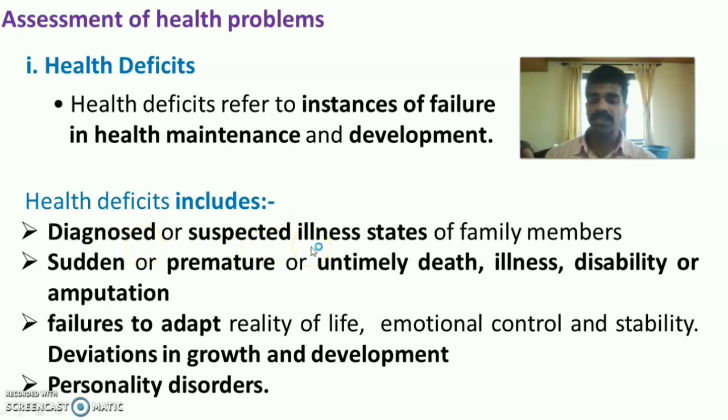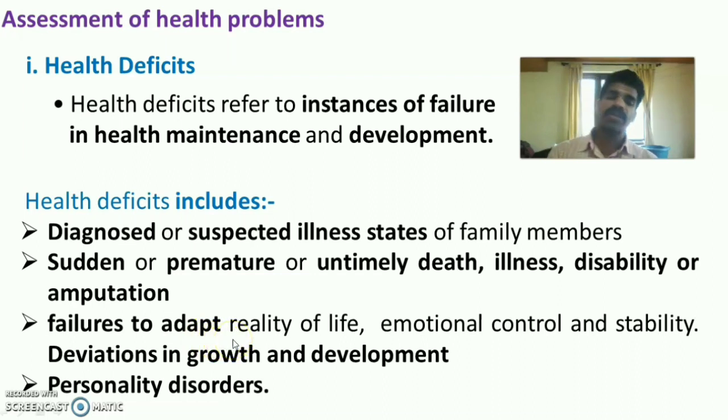That is, family members are prone to have certain diseases according to their age, according to other diseases, etc. So diagnosed or suspected illness, then sudden death in the family, premature death, untimely death, any illness of the family members, any disability among family members, any amputation history of family members, etc. All come under health deficit.